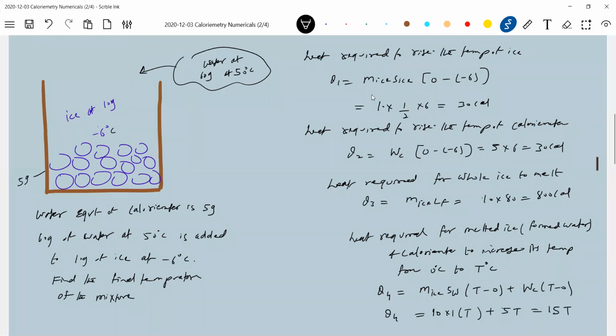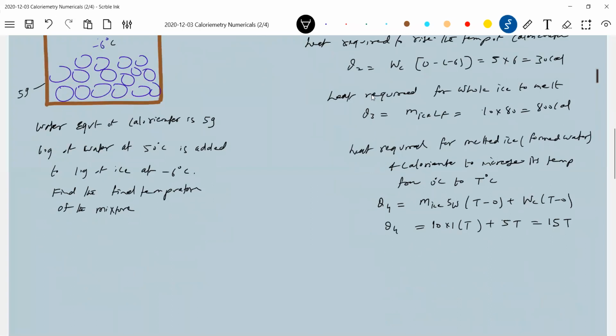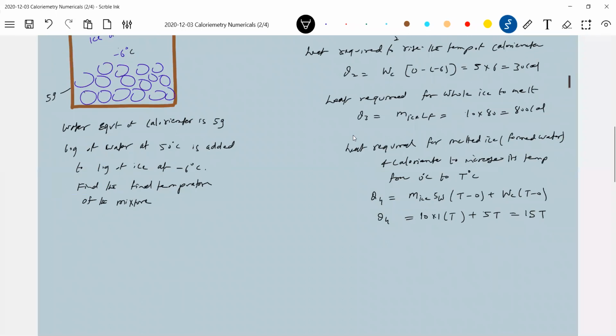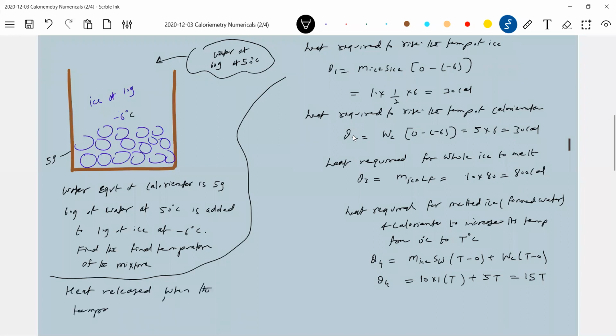Who should provide this Q1, Q2, Q3, Q4? The heat released when the temperature of water decreases from 50 degrees Celsius to T degrees Celsius.